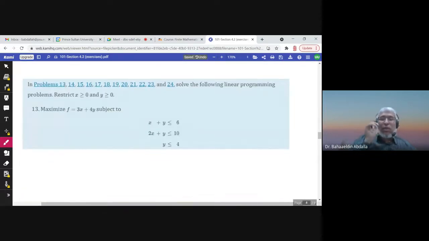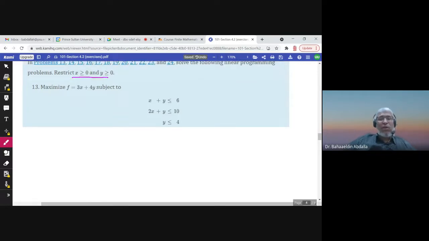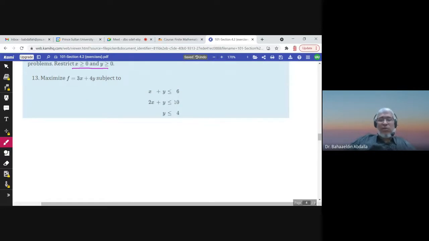Here, solve the following linear programming problem with these conditions, x greater than or equal to 0 and y greater than or equal to 0, plus these constraints. These are always there in these questions. To graph, first we need to graph the region.